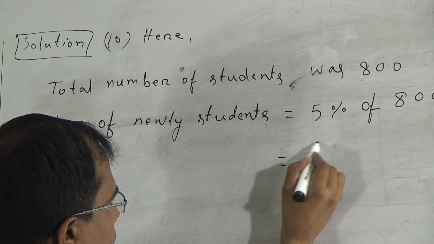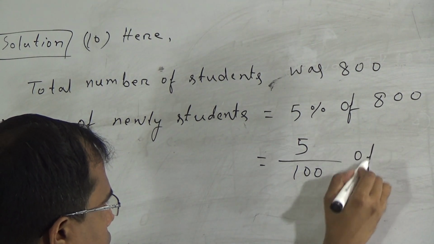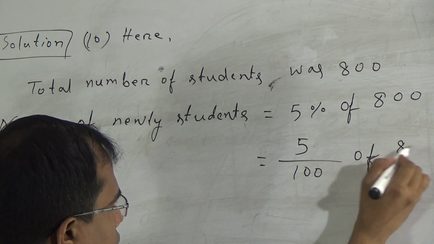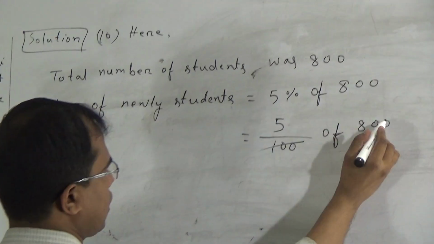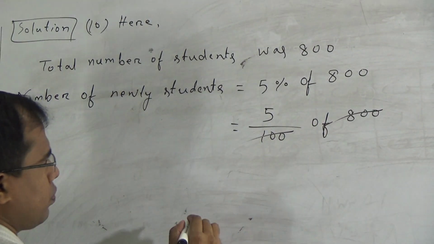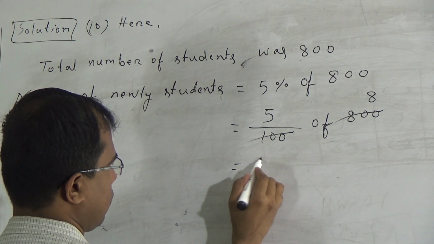Now 5% means 5 by 100 of 800. Now we can cut this 100 with 800, then it will be 8. Now 8 multiplied by 5 is equal to 40.